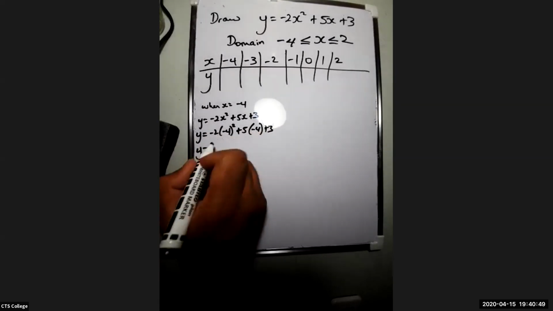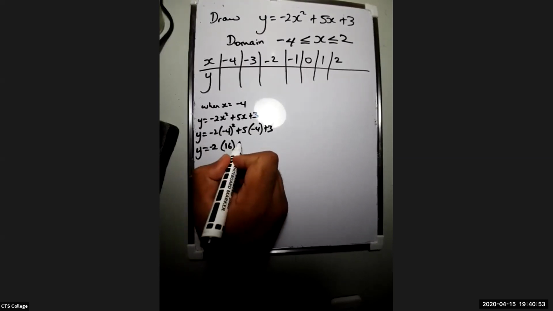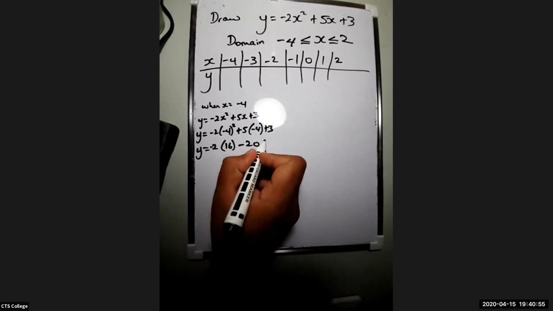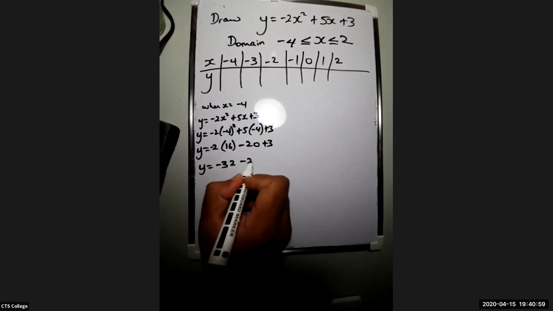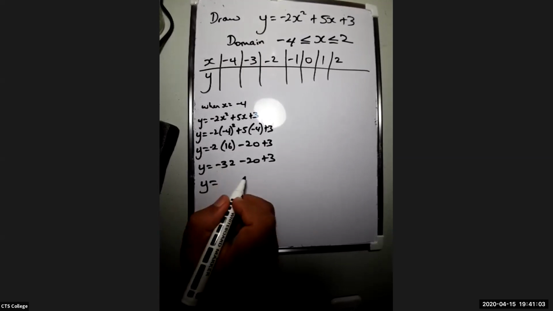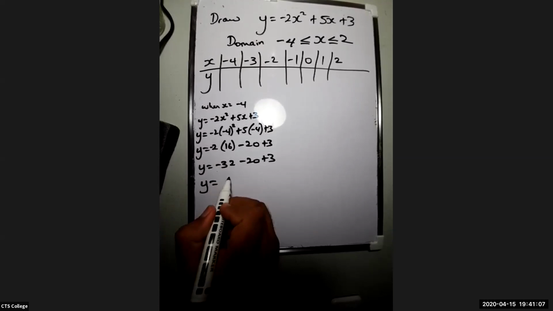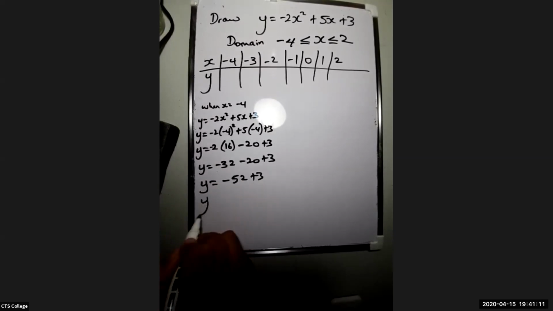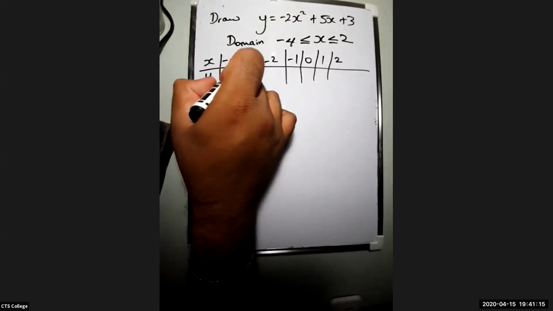So y is equal to -2 into +16 minus 20 plus 3. Y is equal to -32 minus 20 plus 3. That will give us -52 plus 3. Y is equal to -49. You all got that?